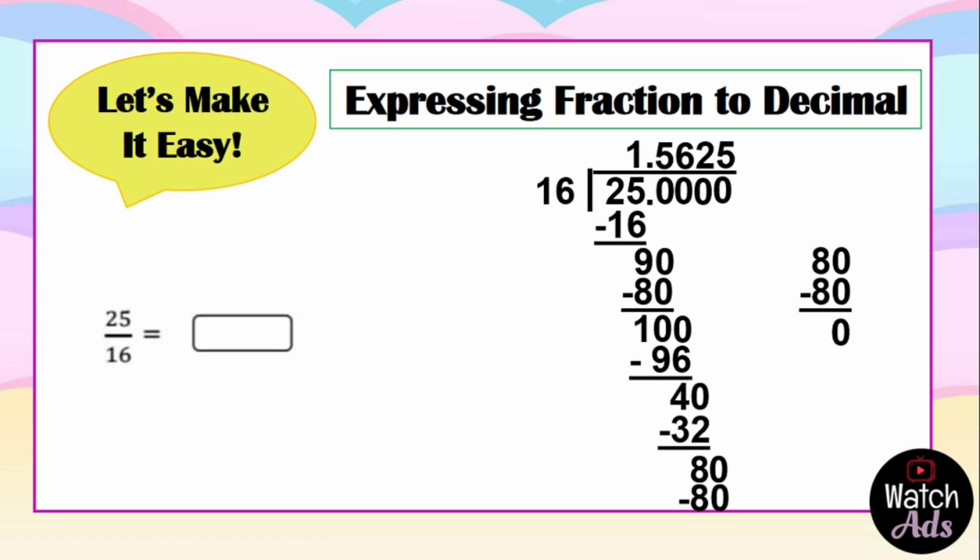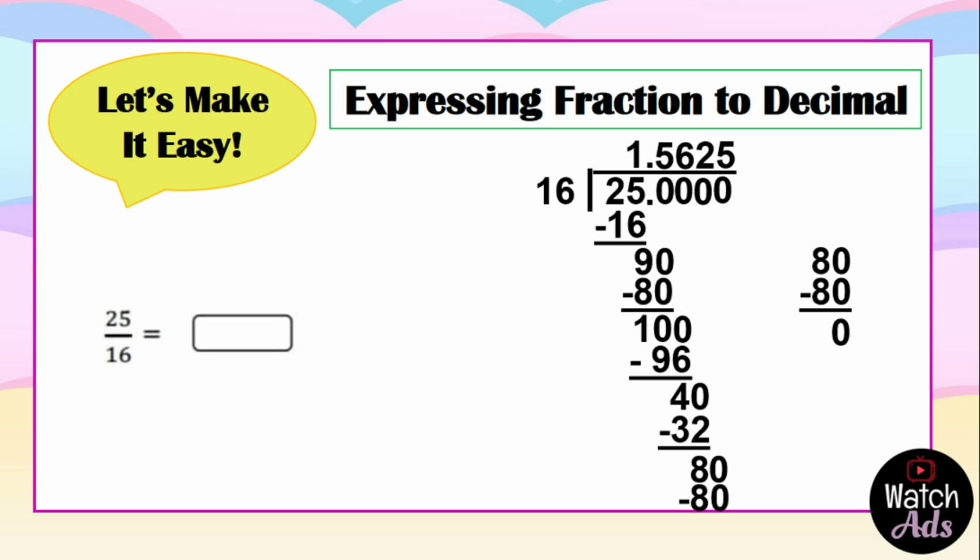Again, even numbers are 2, 4, 6, 8, and 0. If the number on the right side is 5, then it is rounded down. If the digit that you're rounding off is an odd number, that is 1, 3, 5, 7, and 9, and you got a 5 on the right side, it is rounded up.